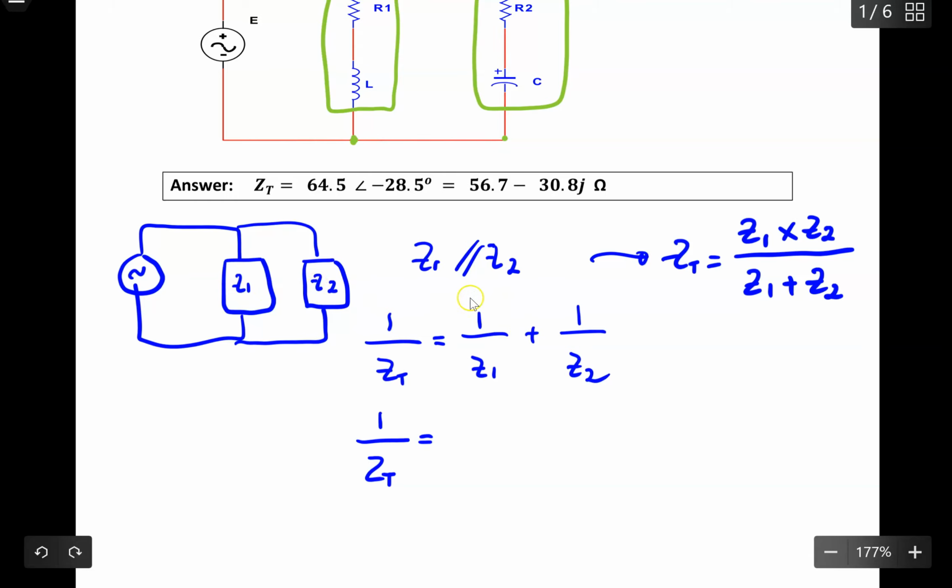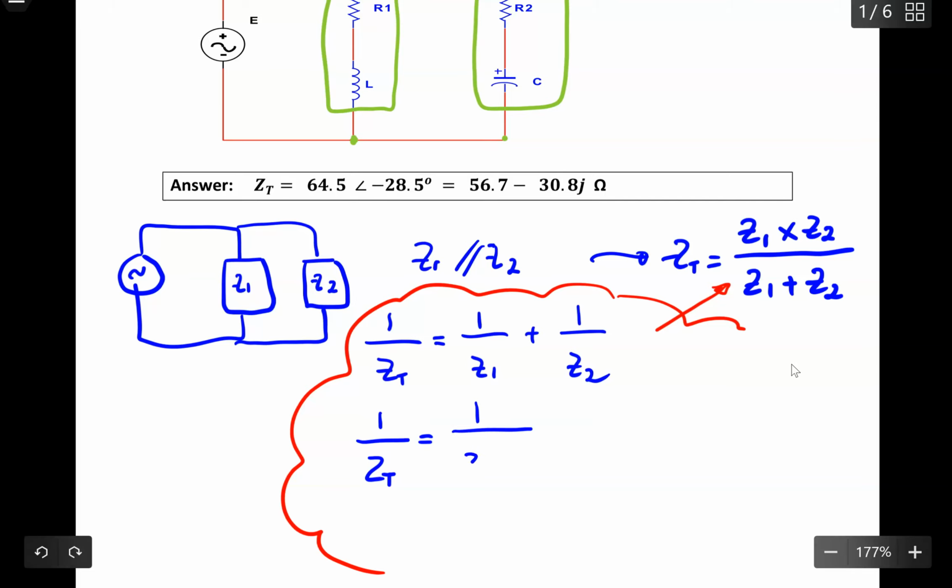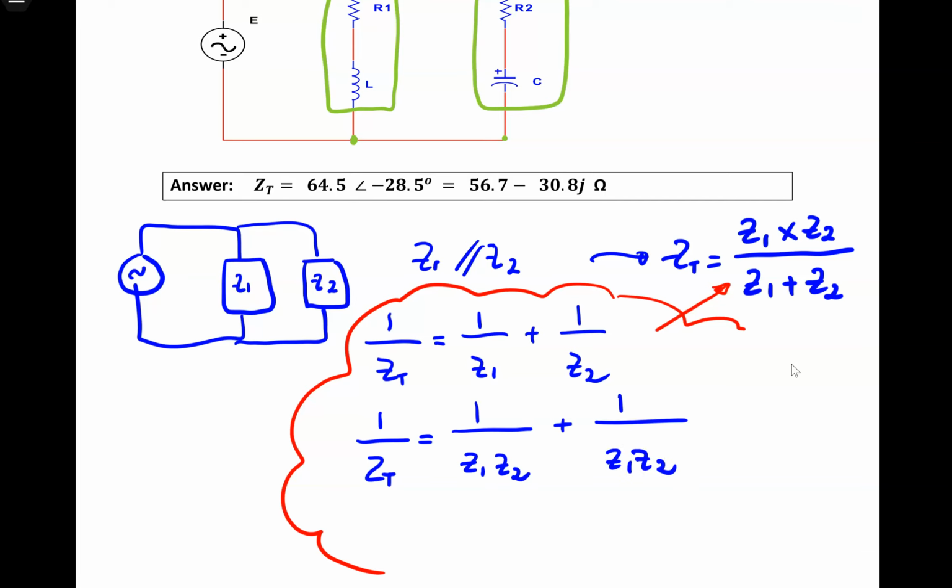It is a good idea to go over the algebra behind this, to see how we get this product over the sum. I have to find the common denominator in this case. I need to multiply this with Z2 and this with Z1.